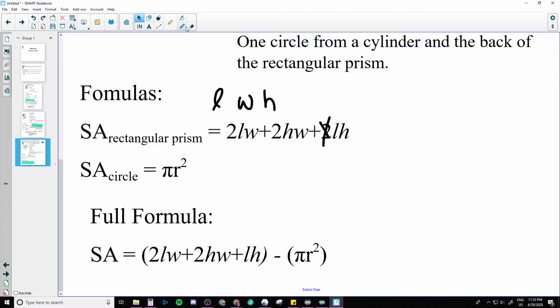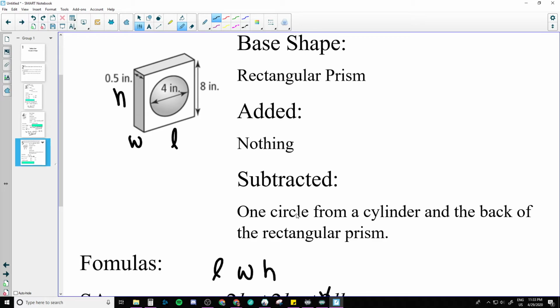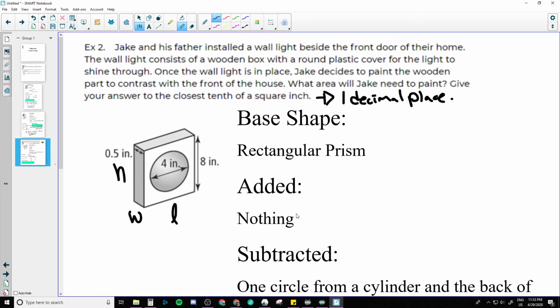Okay, so let's write down our variables. We need length, we need width, we need height, and we need radius. So length has not been given to us. So instead, we'll just make one. Oh no, this is a square. The front of this is a square. So it's 8.